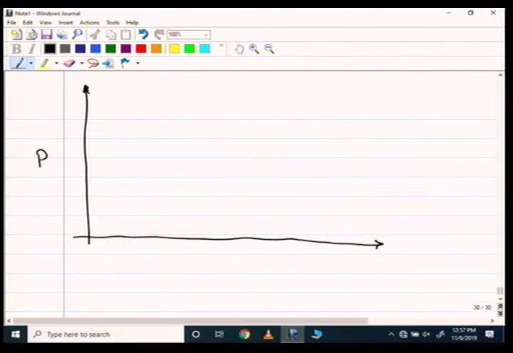This is pressure. This is volume. This is the curve.